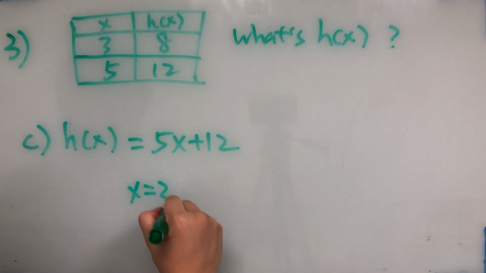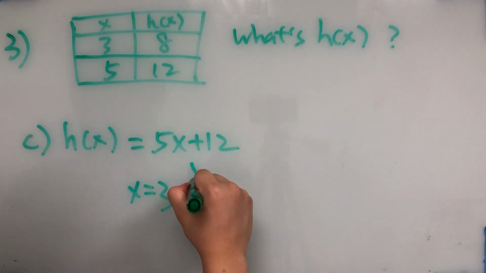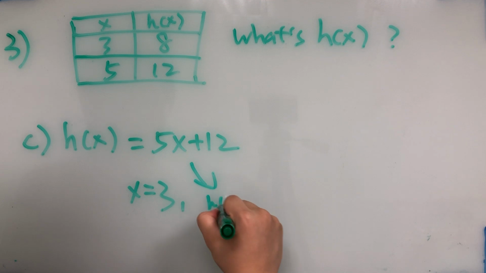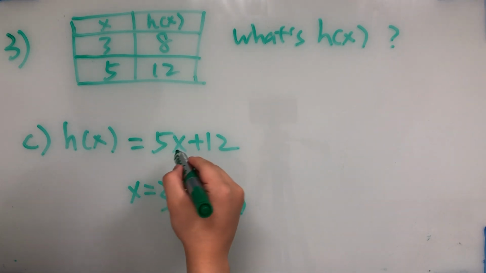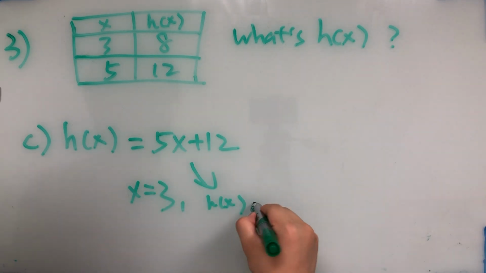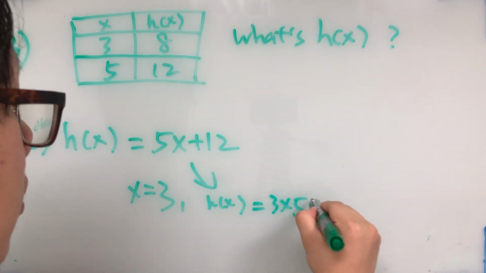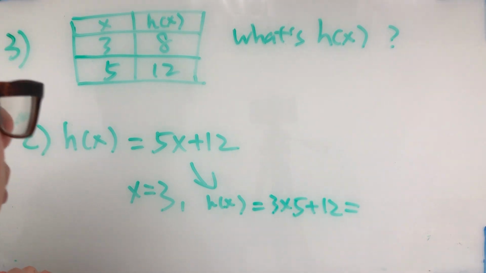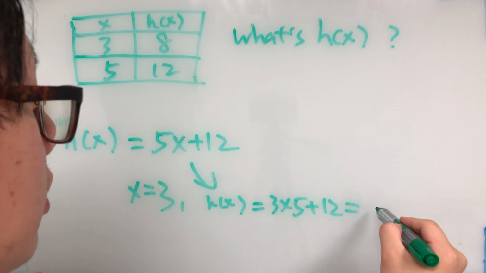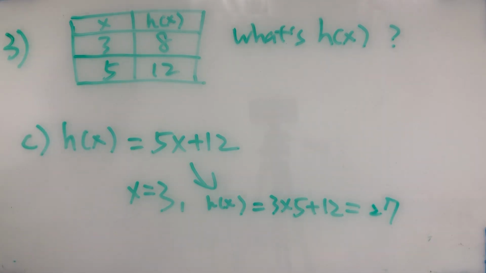When x is 3, according to this, h of x should be 3 times 5 plus 12, which should be 27, which is apparently wrong because it's not 8, right? So based on that alone, we can know that C cannot be the answer.